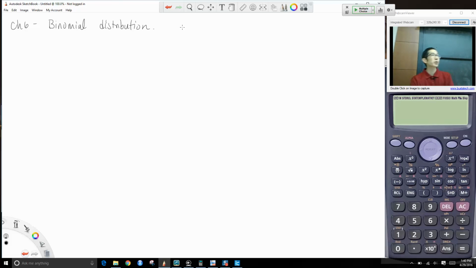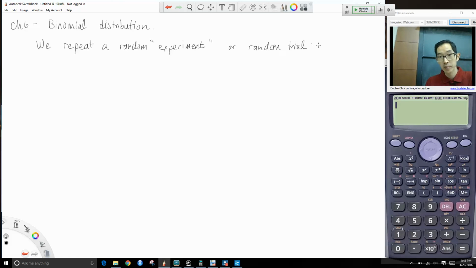Okay, and so the binomial distribution: we repeat a random experiment, quote-unquote experiment or random trial, n times. So we do the same thing over and over again n times.